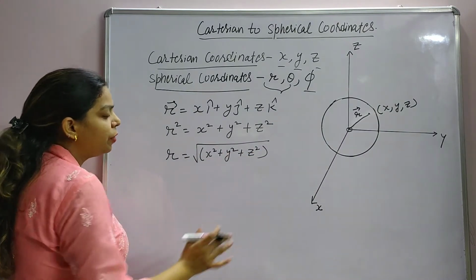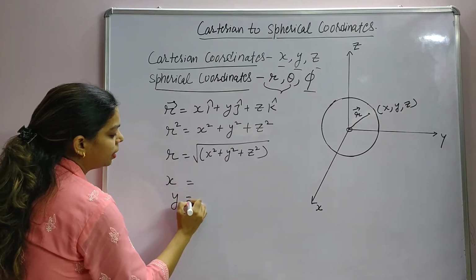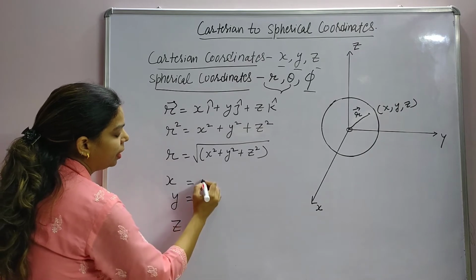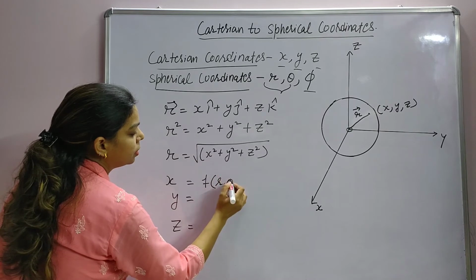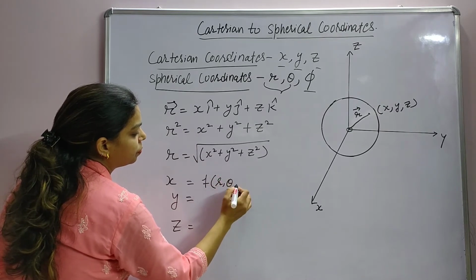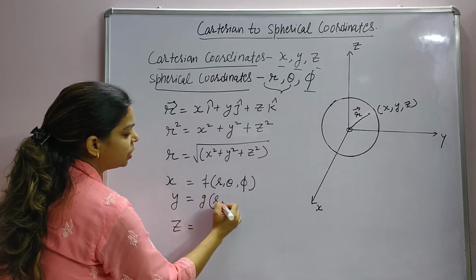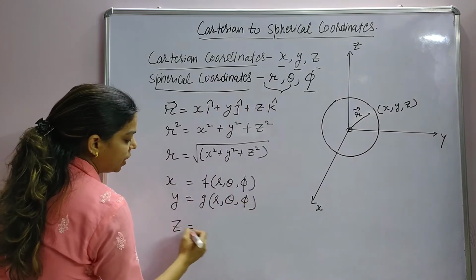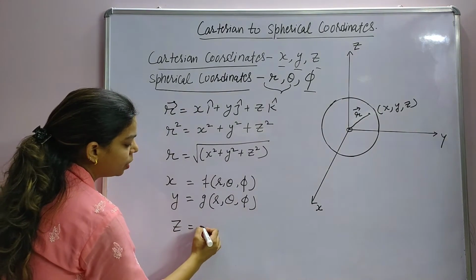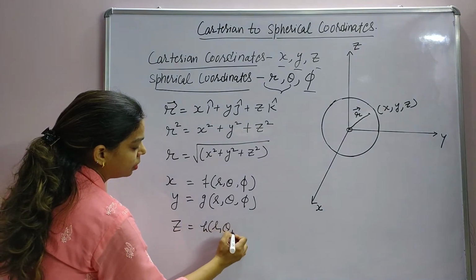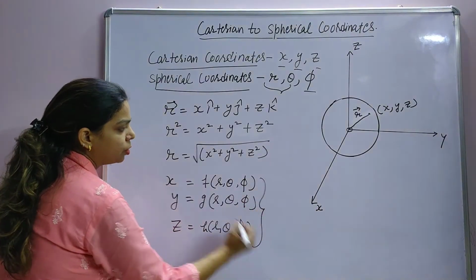Now we have to find x, y and z in terms of r, theta and phi. x is some function of r, theta, phi, y is another function of r, theta, phi, and z also has to be a function of r, theta, phi. So we have to find these three.